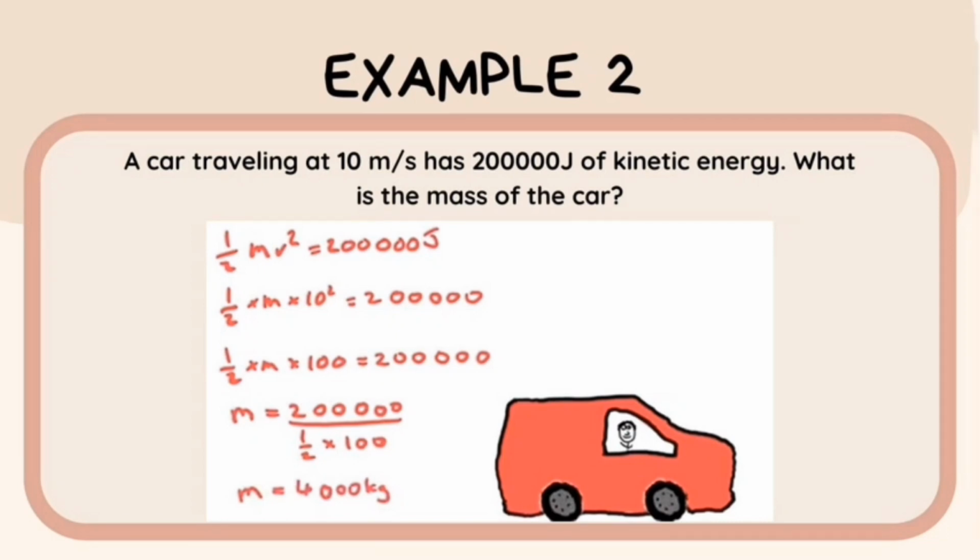Just put it into the formula to find the mass. So 1/2 multiplied by mass multiplied by 10 squared equals 200,000. So mass equals 200,000 divided by 1/2 multiplied by 100. So the mass of the car that we got is 4,000 kilograms.